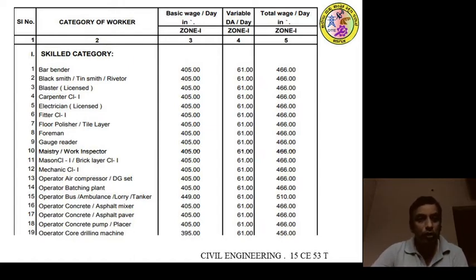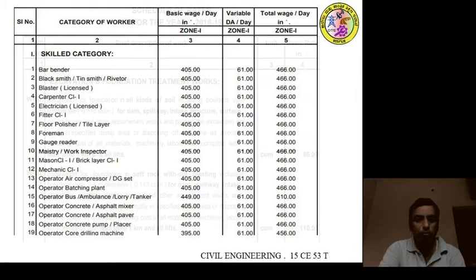It shows the different categories of people: blacksmith, blaster, carpenter, electrician, fitter, floor polisher, foreman, gauge reader. These are the different categories of skilled labor mentioned in the schedule of rate books.